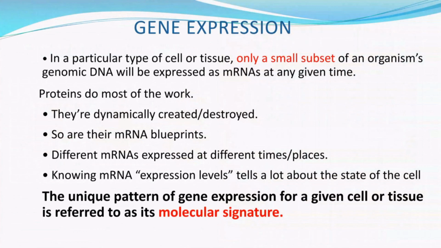Either we can detect the mRNA expression or we can detect the protein expression, but the protein, which is the final product, is too dynamic. They are very rapidly created and rapidly destroyed. That's why messenger RNA or DNA synthesis is much easier to measure. The unique pattern of gene expression for a given cell or tissue is referred to as a molecular signature.